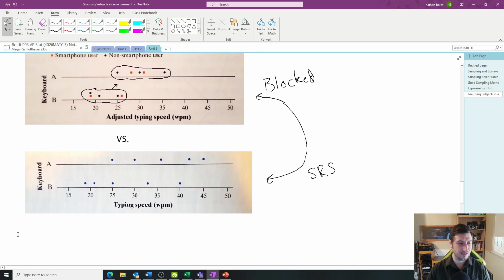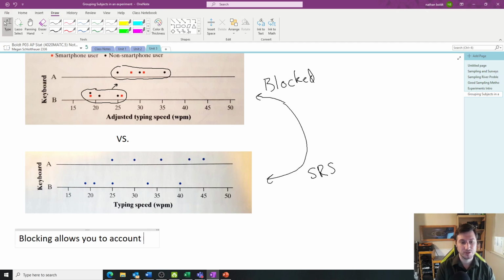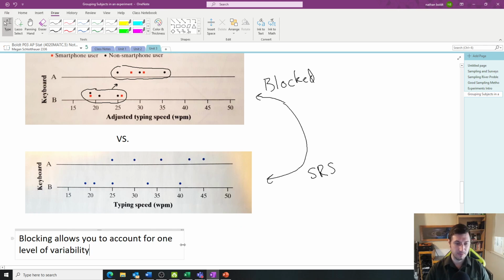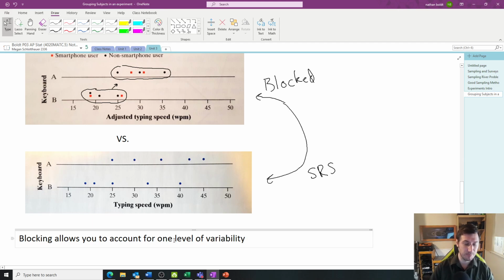So, what happens here? What does blocking really accomplish? Blocking allows you to account for one level of variability, or one or more, I guess, if you block by more than one thing.